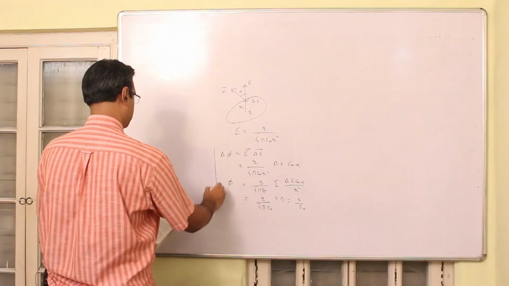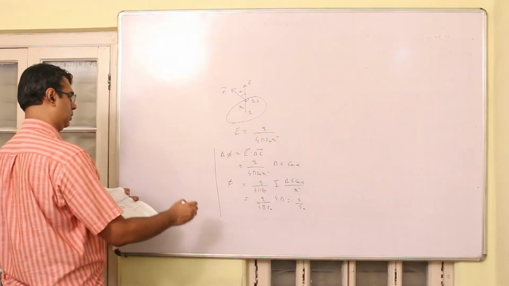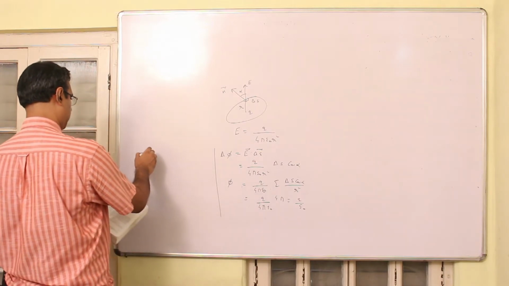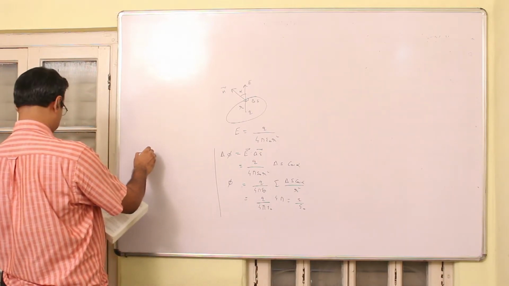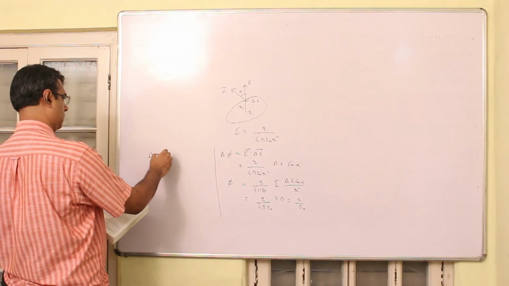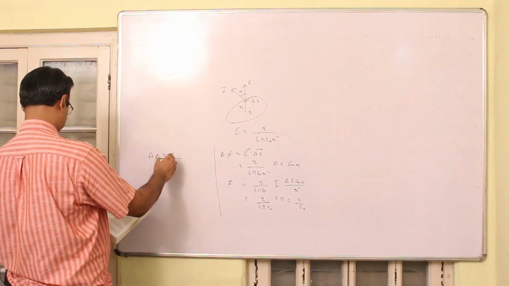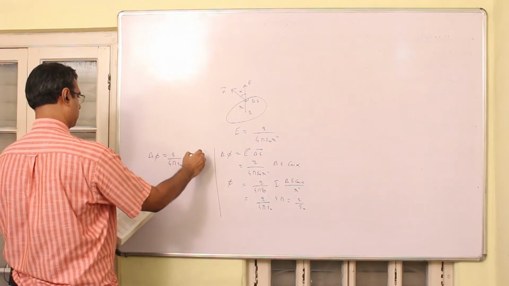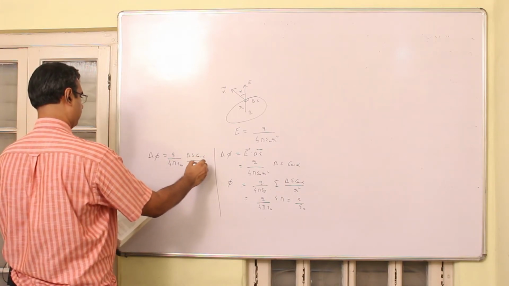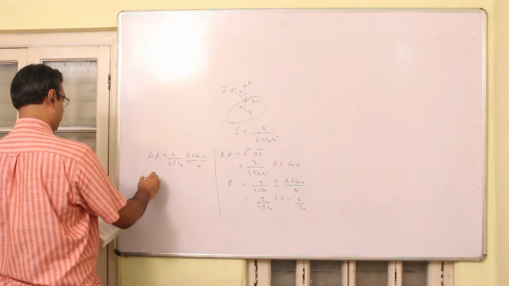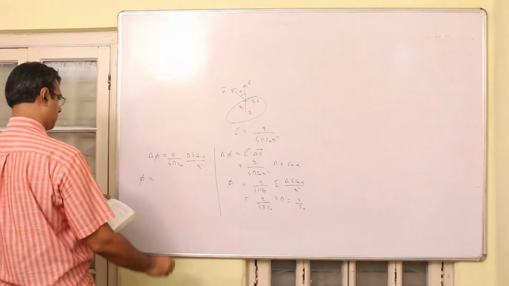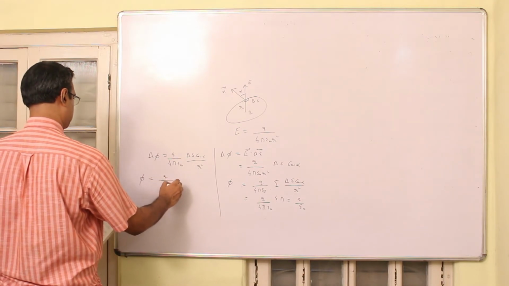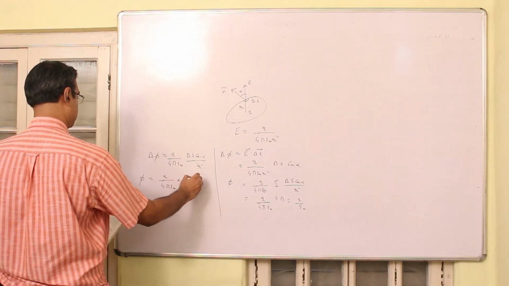Now, if we had done this calculation for any external point, not internal point, what would have happened? In that case, if we try to find the total flux, then for any external point, the total solid angle is 0.